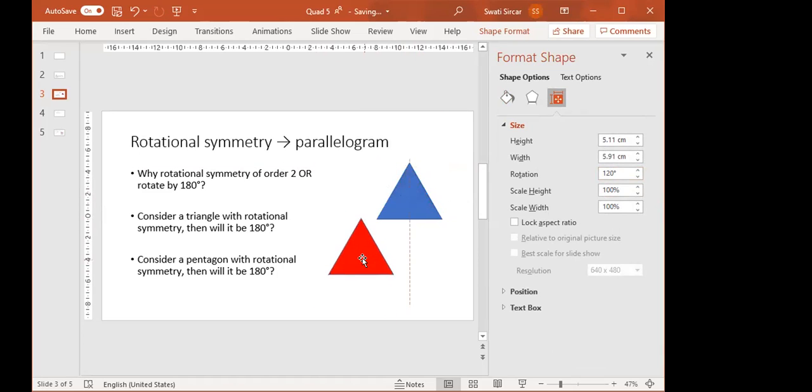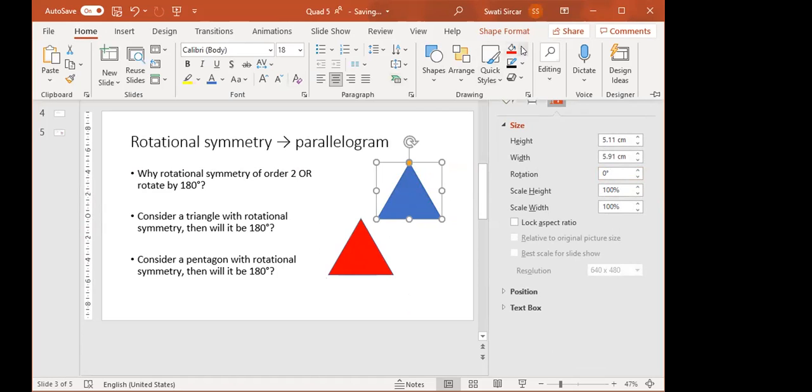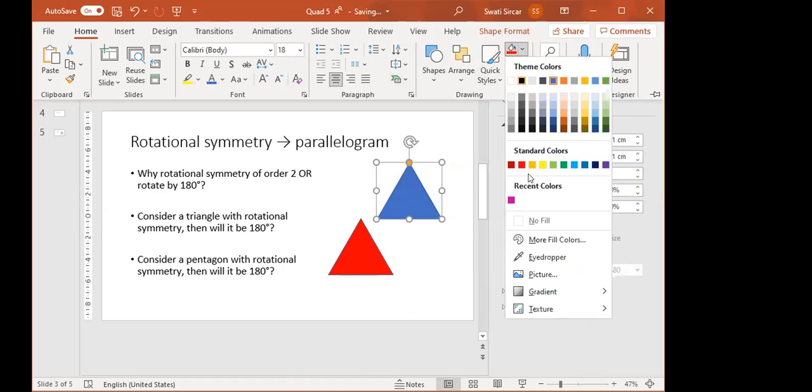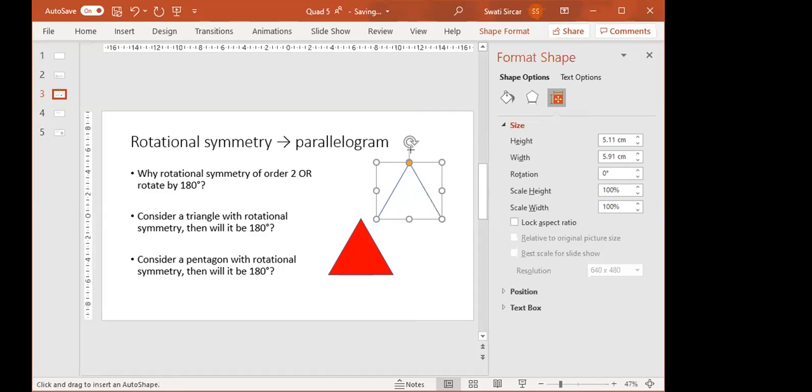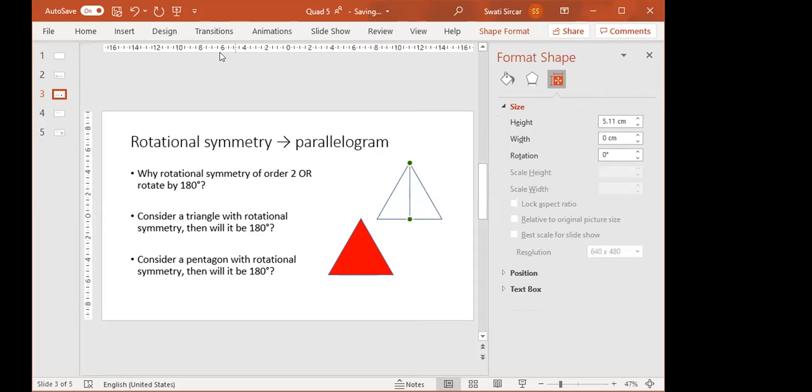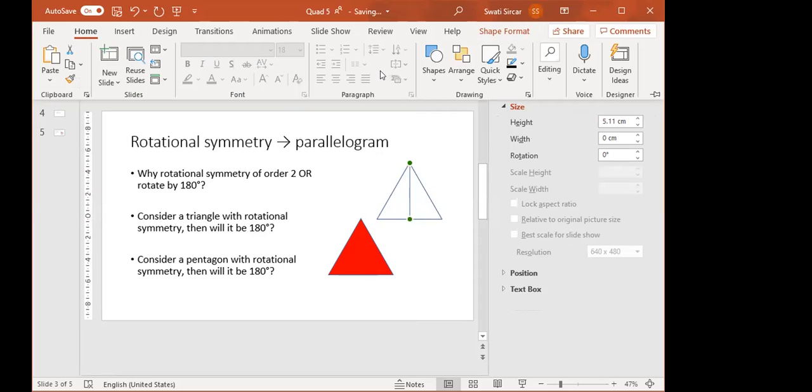One way to think about this is, let me make it a lighter color so that things are easier to see inside. The center of rotation will be some point here. So let's just draw some lines, because this will come as a point of intersection.